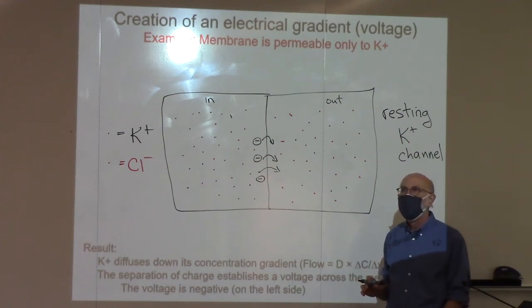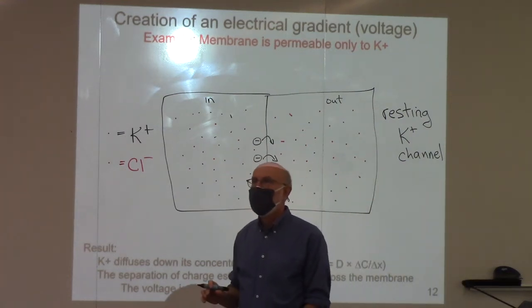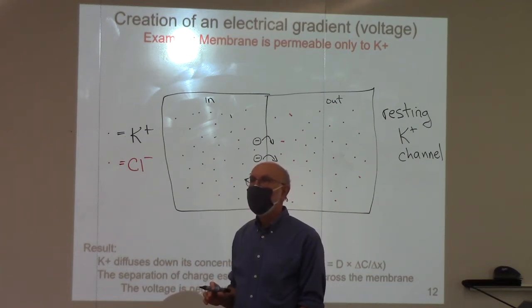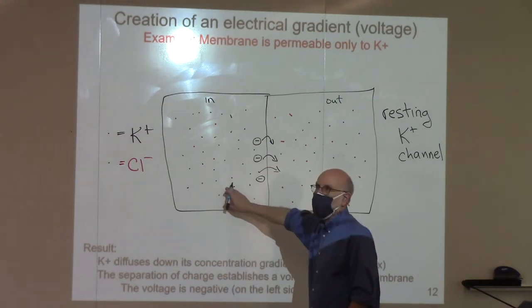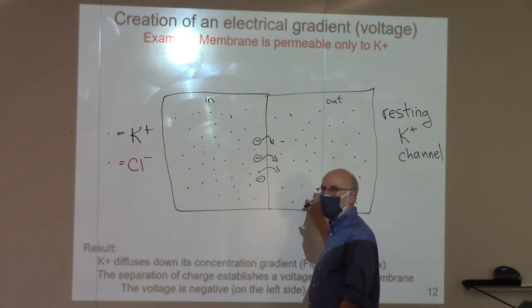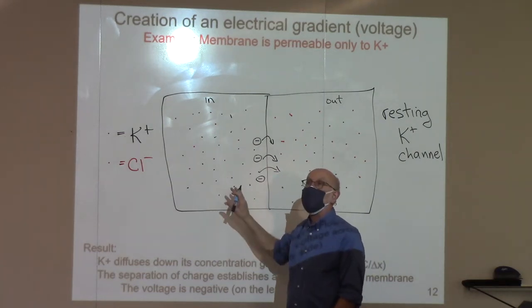Right, so I get that the residual negative charge from potassium going to the outside of the membrane is what causes that negative charge inside, but are there not more potassium ions inside the membrane which would have a positive charge? There are more potassium ions here than here, but this situation is electroneutral.